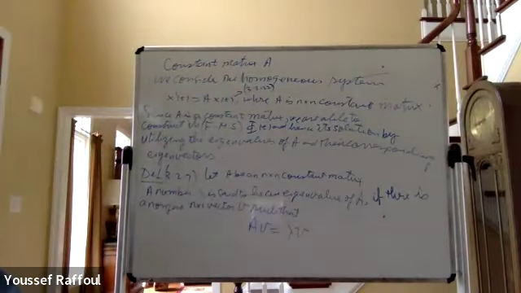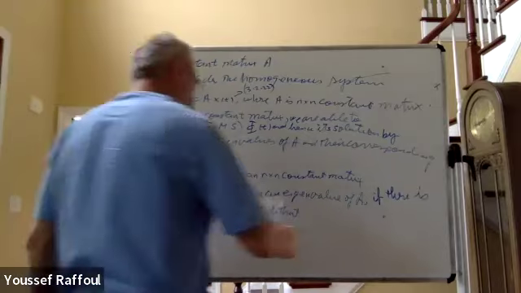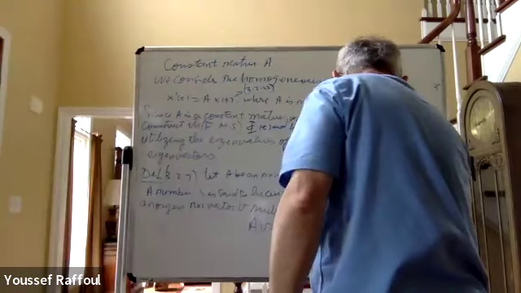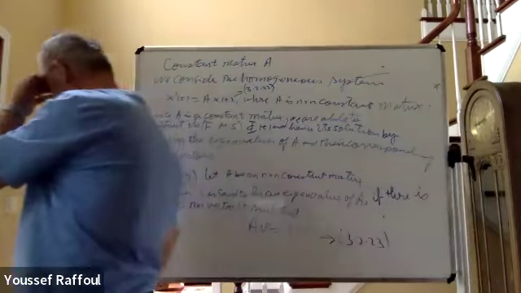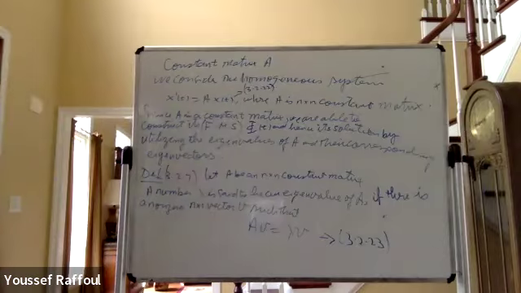Okay? And that is 3.2.23. So this is the definition of eigenvalues and eigenvectors.